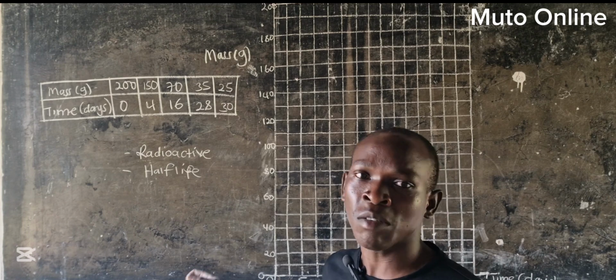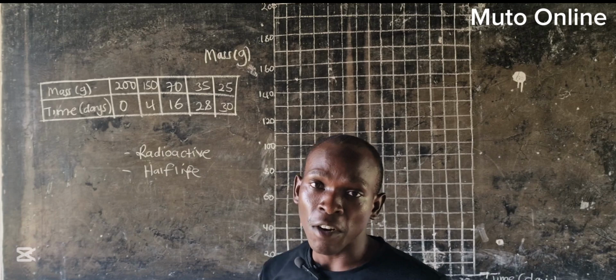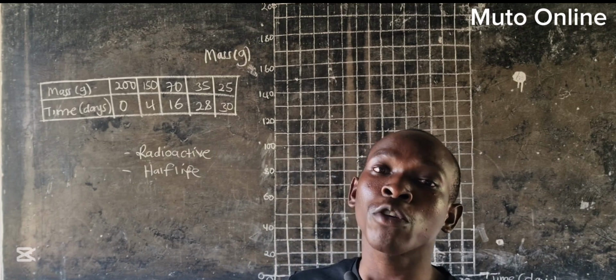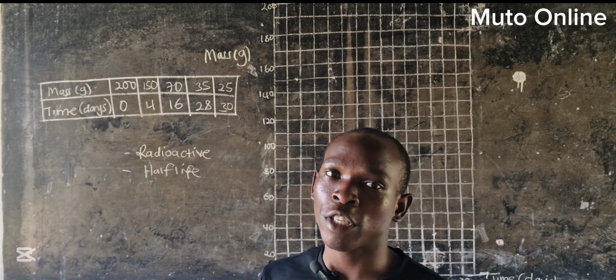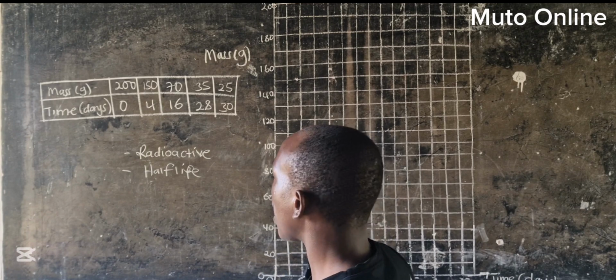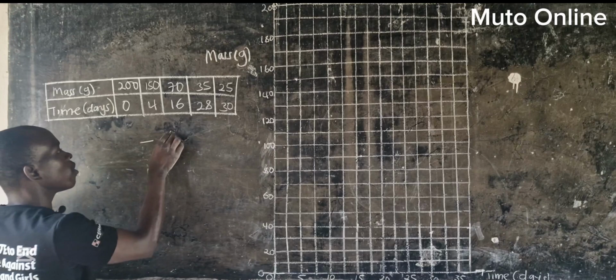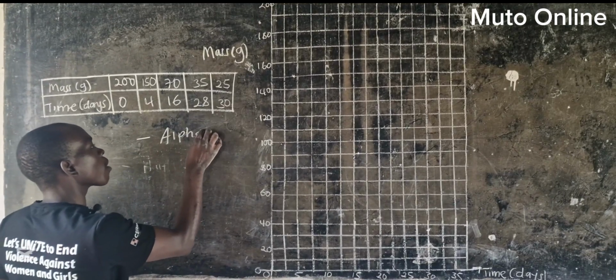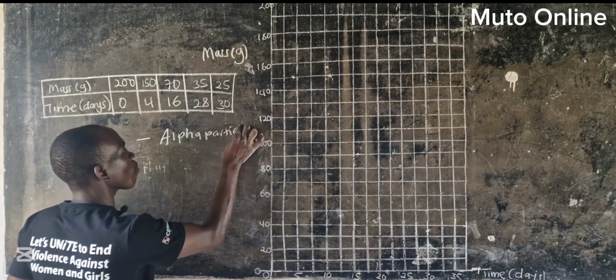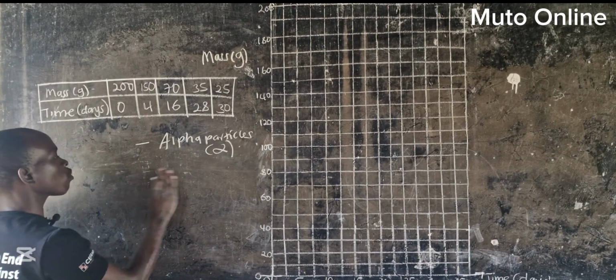For the fact that this mineral was radioactive, because it darkened the photographic plates, that means there was emission of radiations. The radiation, in this case, we mean alpha particles. Emission of alpha particles is written like that, alpha particles.